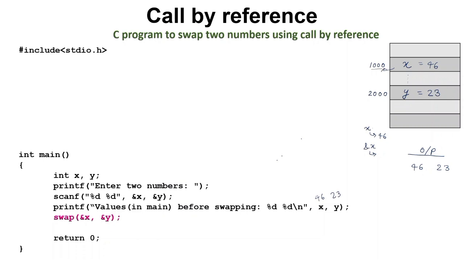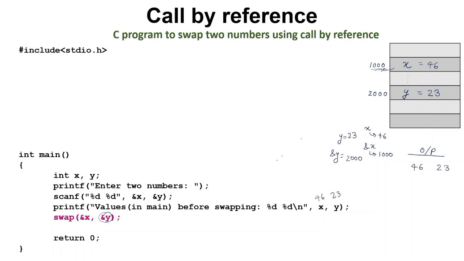The first address of that variable, that is, address of x means 1000 for this example. And here you are passing address of y. What is address of y? Y is your 23, right? Address of y is your 2000.